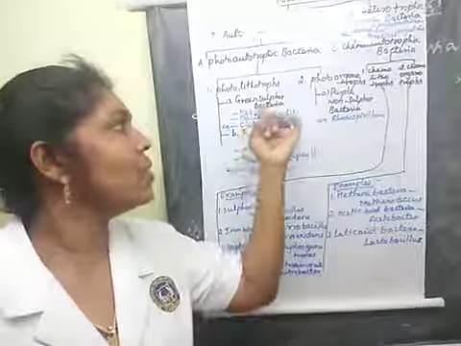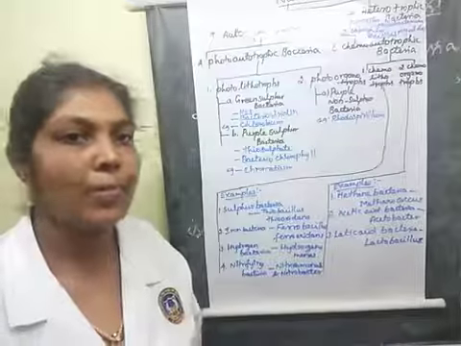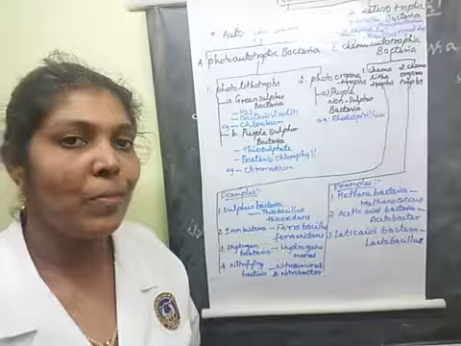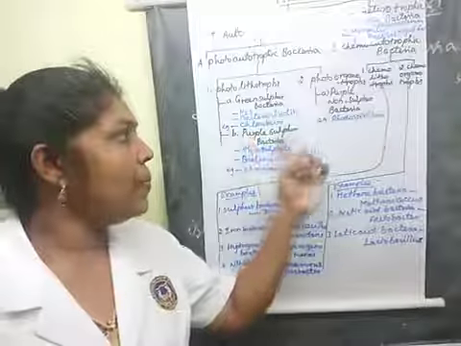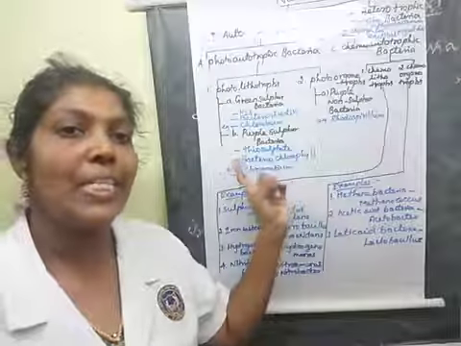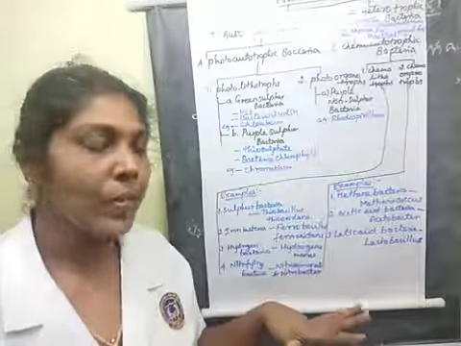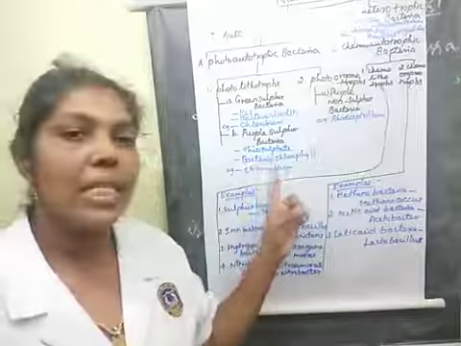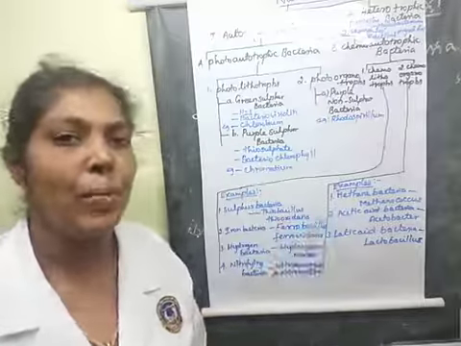The example of this green sulfur type is the species Chlorobium, clear? Then purple sulfur bacteria use thiosulfate as the hydrogen donor, and they possess bacteriochlorophyll pigments.